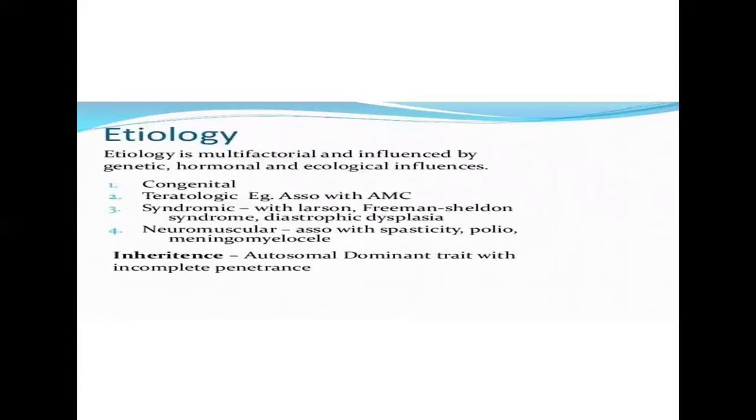Etiology. The etiology is multifactorial and influenced by genetic, hormonal, and environmental influences. Congenital teratological, for example associated with AMC; syndromic, with Larsen, Freeman-Sheldon syndrome, diastrophic dysplasia; neuromuscular, associated with spasticity, poliomyelitis.